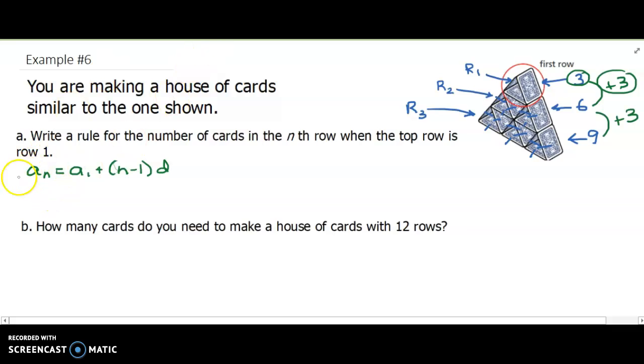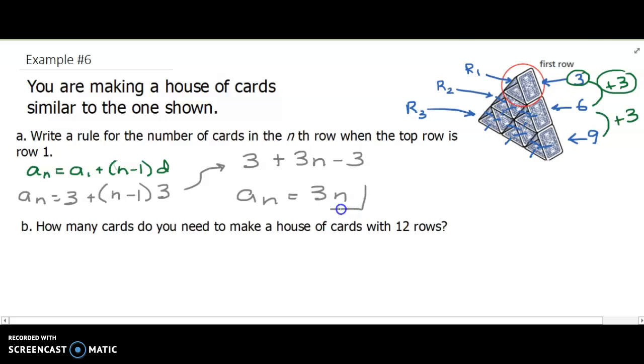So I can rewrite this as a sub n equals 3 plus n minus 1 times 3. Sorry, I screwed this up. That looks a little better. Now if I clean this up, I'd have 3 plus, I distribute this 3 through, 3n minus 3. So a sub n would just equal 3n. Okay, so here's my rule.